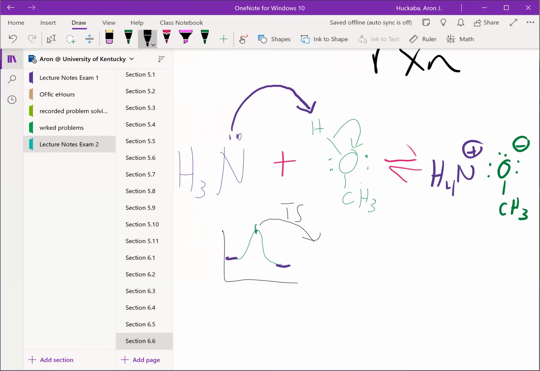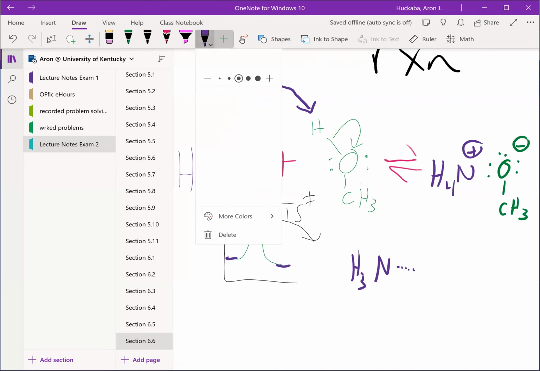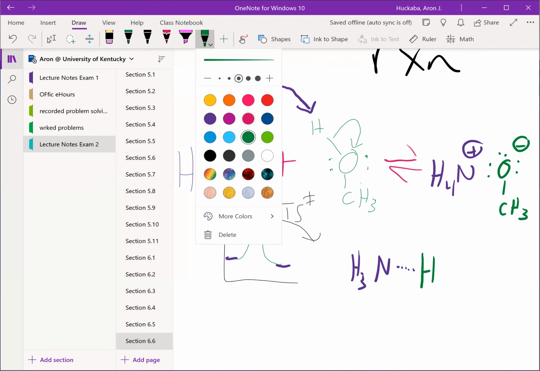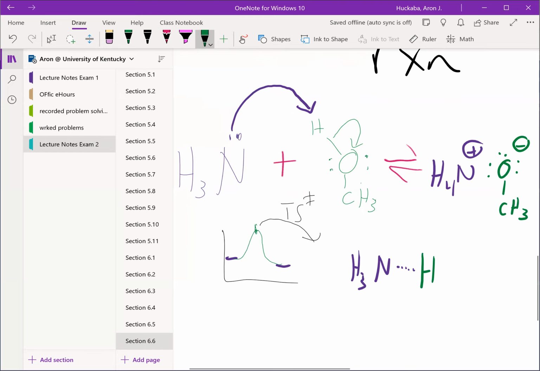called TS, sometimes TS double dagger, represents the case where the bond distance between the nitrogen and the hydrogen it's taking is about equal. The hydrogen in the middle is equally distant from the nitrogen and the oxygen that it was on before.